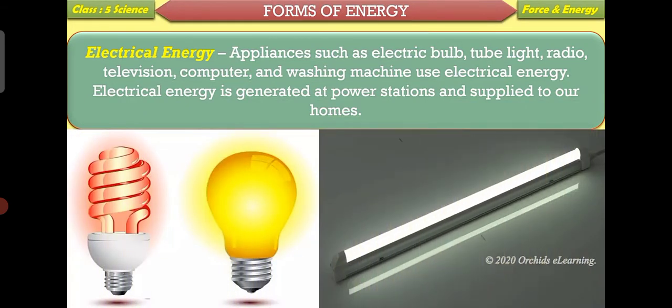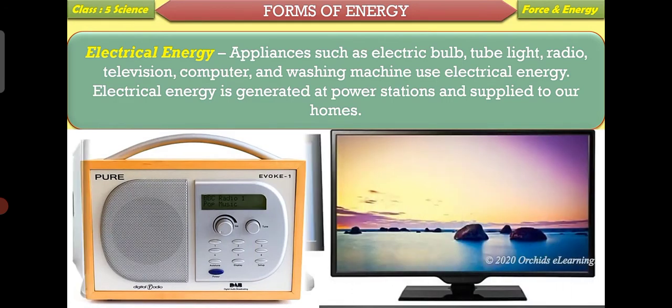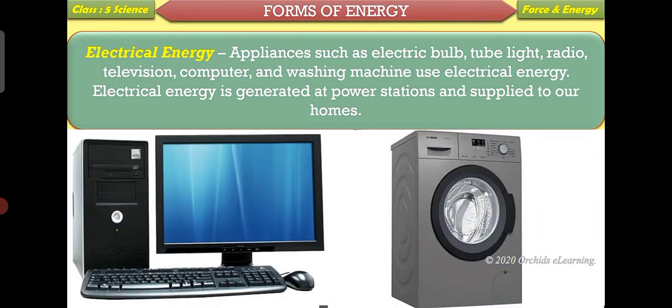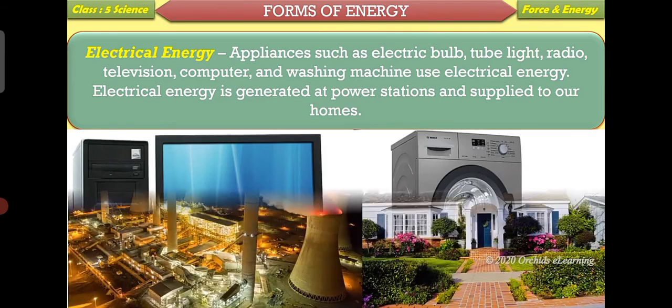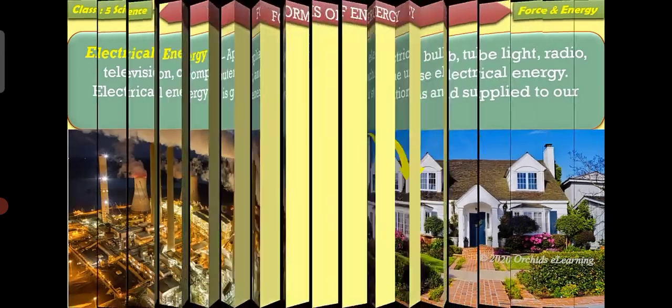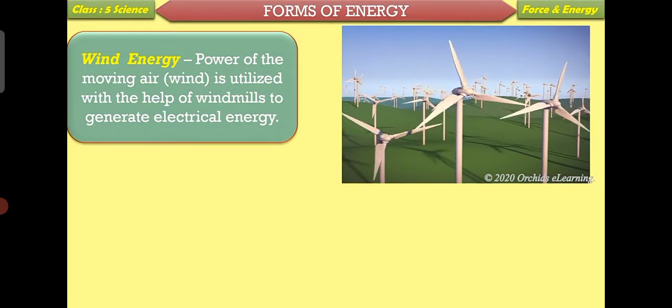Appliances such as electrical bulbs are some of the appliances in which electricity is used. Electrical energy is generated at power stations and supplied to all these. Here you can see the power station, and here you are seeing the windmills.